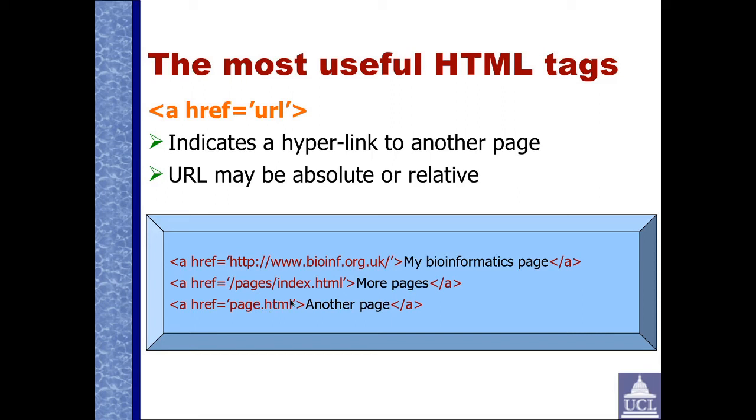And if we wanted to step down to a directory below, we could have directory name/ and the file name, or we could go up a level with ../ and then a file name or a directory name, and then a file name, and so on. So we can navigate around the tree of files in the web directory just as we could if we were stepping around using the command line.